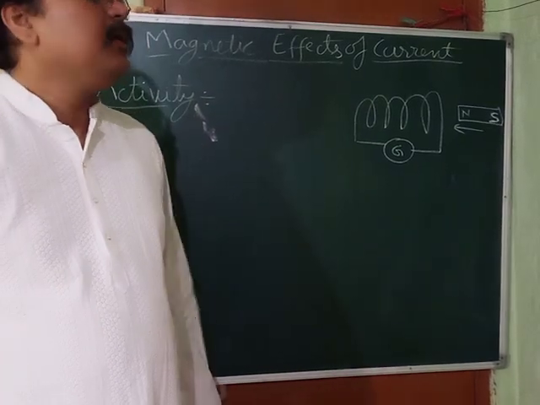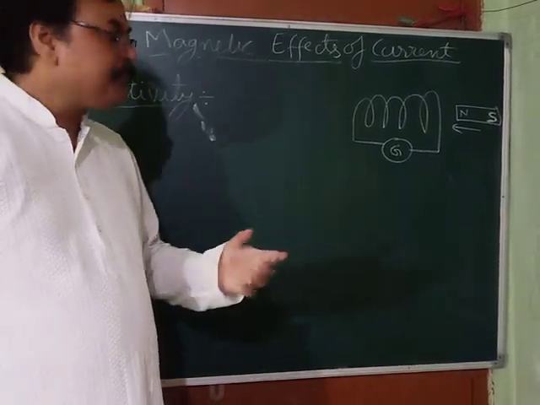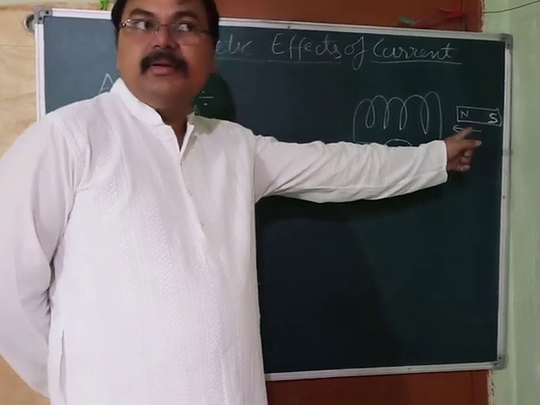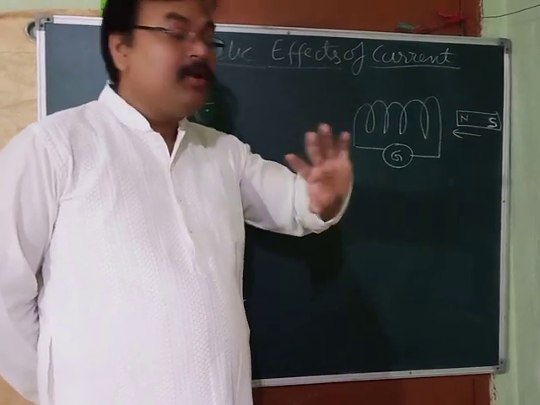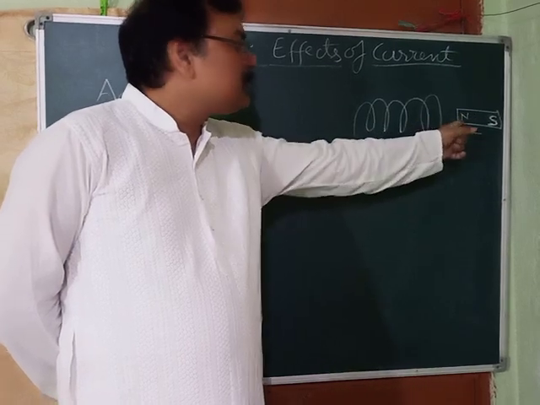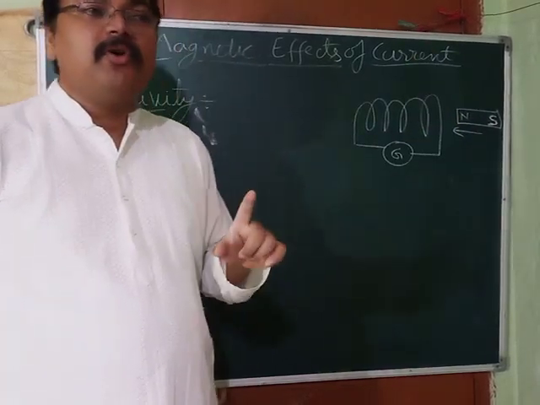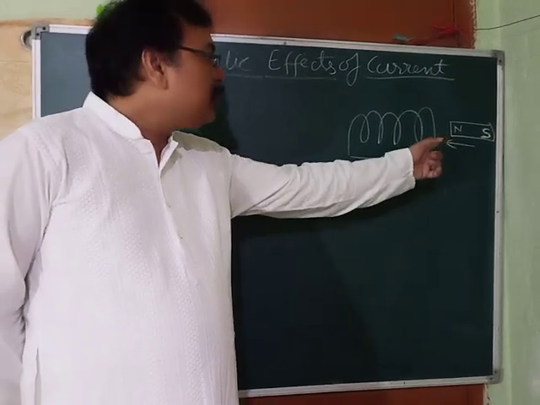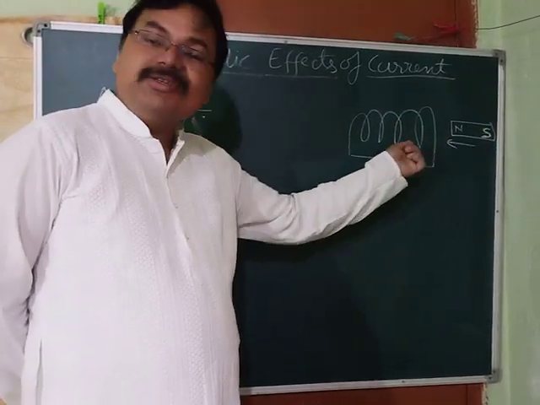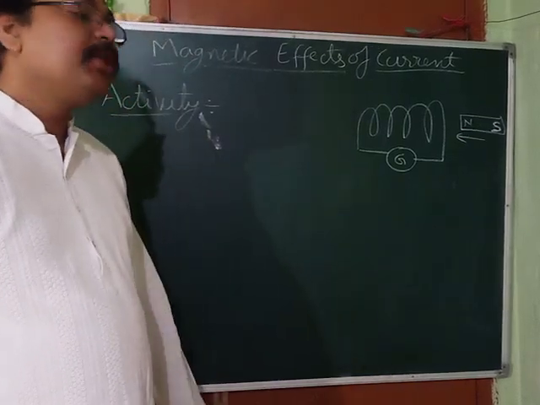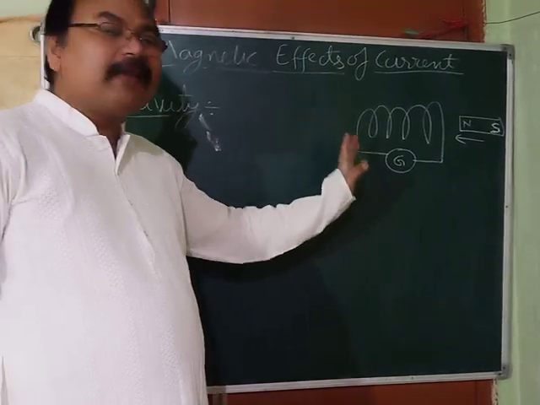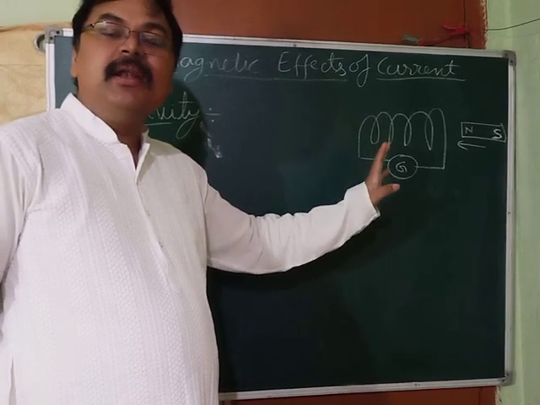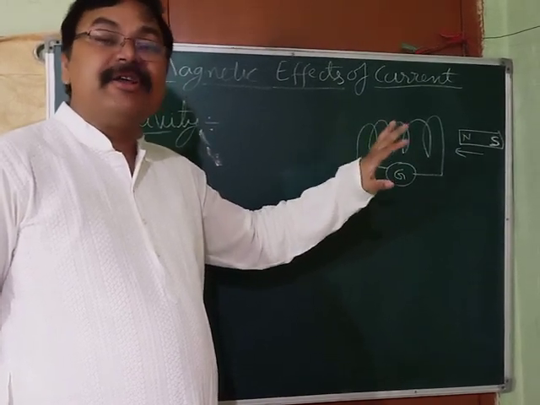Now second point. When the north pole of the bar magnet, why I am saying north pole, because the north pole is towards this coil. When the north pole of the bar magnet is moved towards the coil continuously, then the galvanometer shows deflection in one direction.